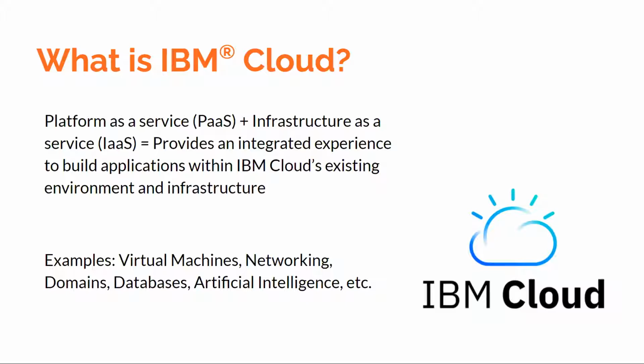In addition to that, it has a lot of services that a good cloud platform provides. It has automated databases, event systems, web servers, whatever you can imagine is available in IBM Cloud.